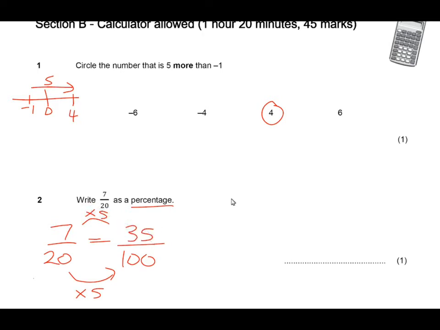Now it is a calculator paper, so if you wanted to, you could put 7/20 in your calculator, press equals and the SD button, and then that will give you a decimal, and multiply your decimal by 100.